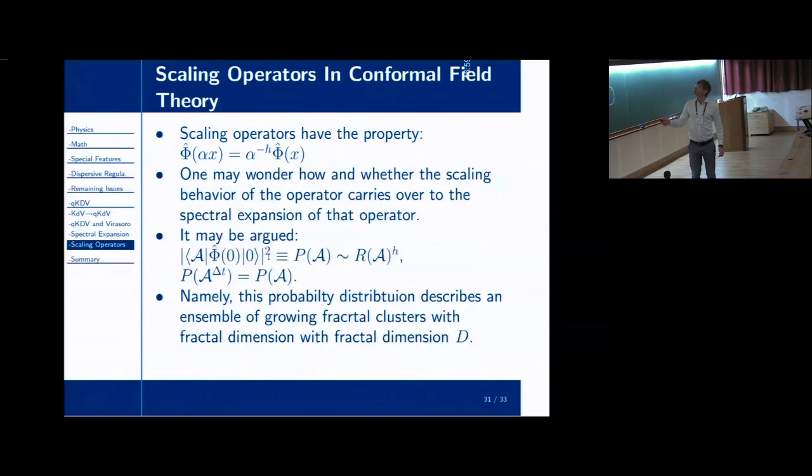Does H know about A? No. H comes from here, from the operator, regardless of A. But once you fix this operator, this probability distribution function may be supported on only certain A's. So the A's that are supported by this probability distribution function may depend on H. This is from a different equilibrium problem.